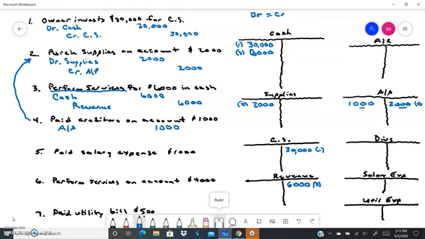The net amount that's owed is $1,000. And of course, we're paying cash. Cash would go down. A decrease in an asset is a credit. So credit cash for $1,000. And so here we would have a credit to cash for $1,000.